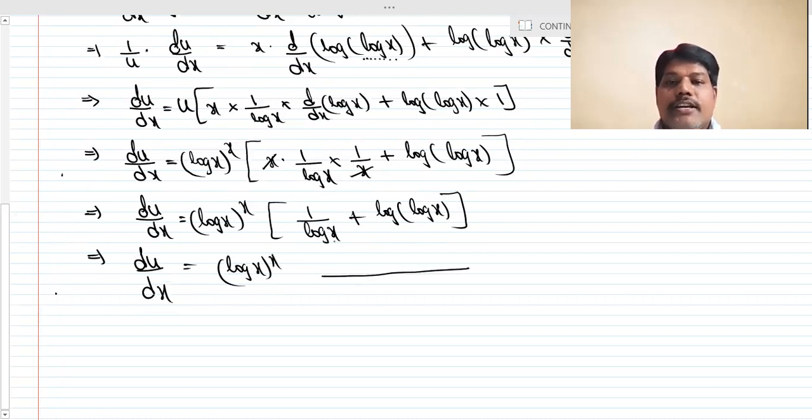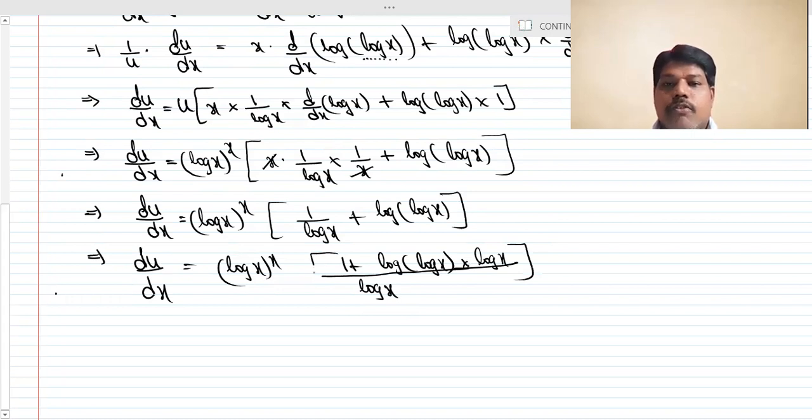Take the LCM here, students, log x. So I will take that log x common. So 1 plus log of log x into log x. Why? Because I have taken the log x common. So log of log x into log x.